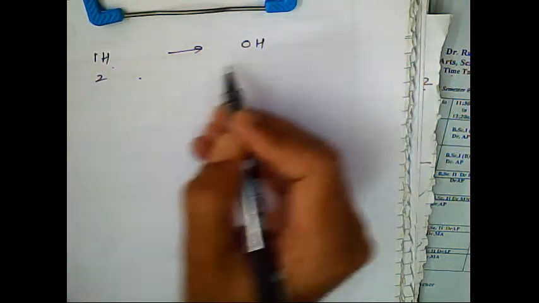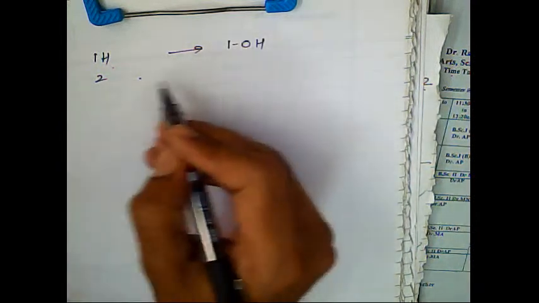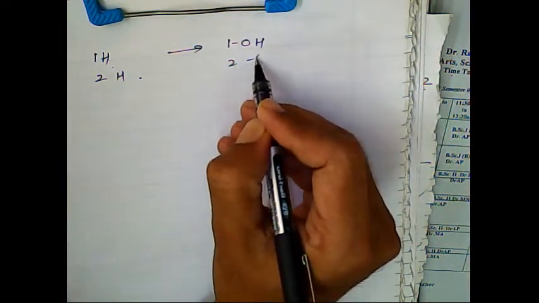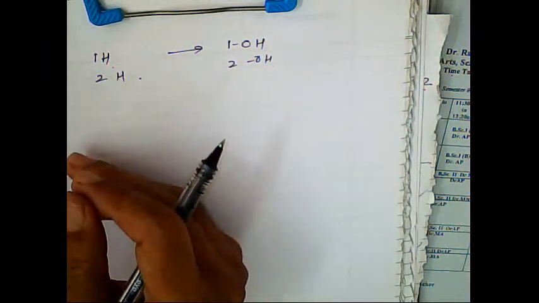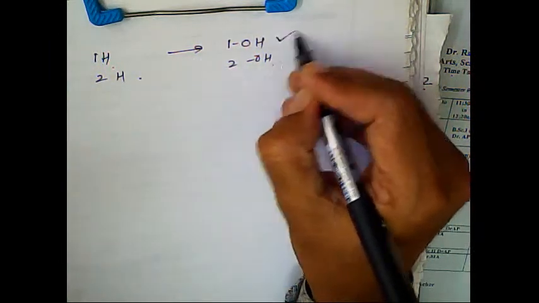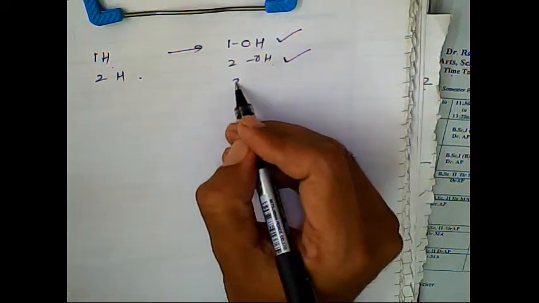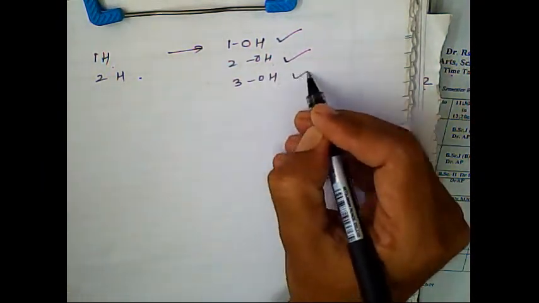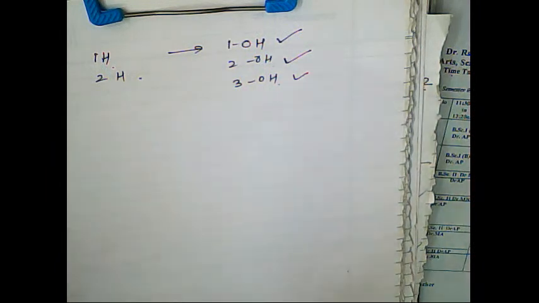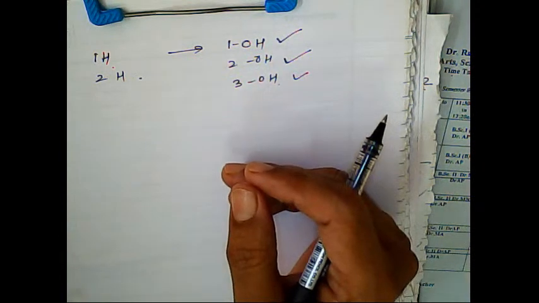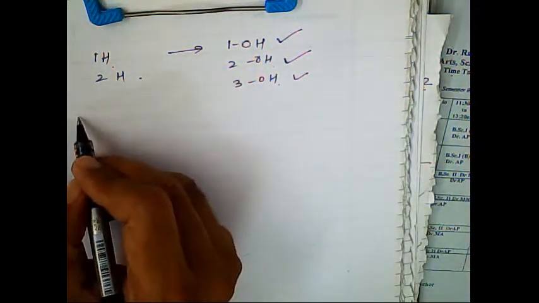For two hydrogens you add two OH groups, and so on. The properties of these compounds will be different. When three OH groups are there, their properties are slightly different. Therefore, alcohols are further divided into different subclasses.